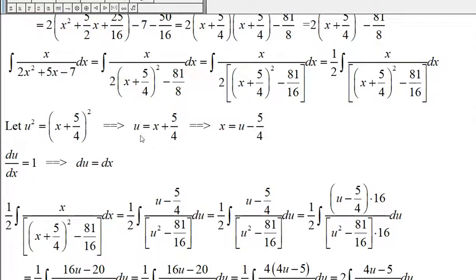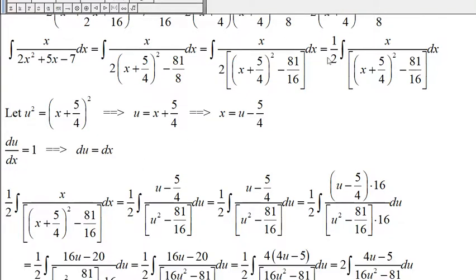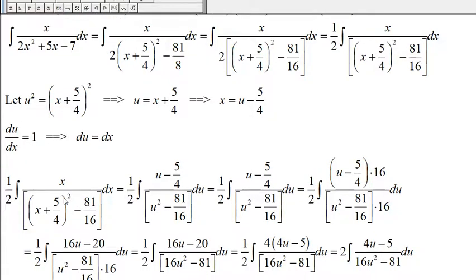From here, the derivative of u with respect to x is 1, so we get du is dx. And so from this step, we get 1 half times u minus 5 fourths, because that's what x is. And then this is u squared minus 81 over 16.